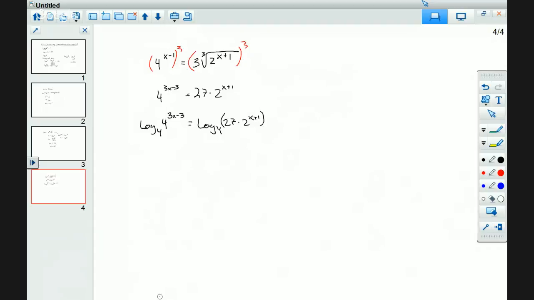The process of getting rid of the junk here. This is 3x minus 3. I'm going to deal with that. Wave my hand and it's gone. It worked. What does that mean? Problem with logs. Split them.